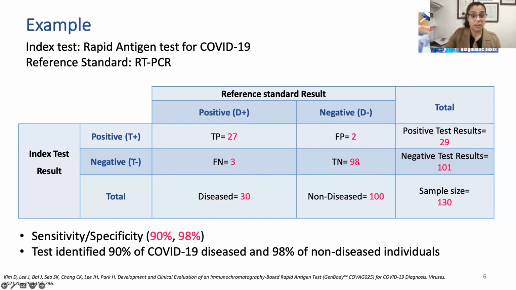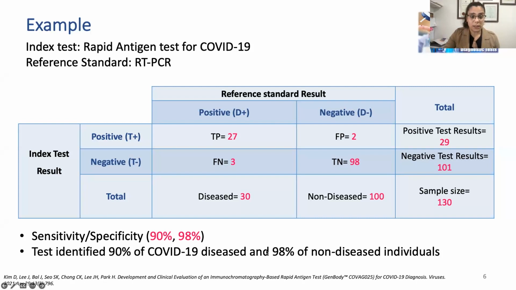And using these results, we can calculate the sensitivity and specificity for the specific test to describe how well the specific rapid test performs in those with and without the disease or the COVID-19 infection.